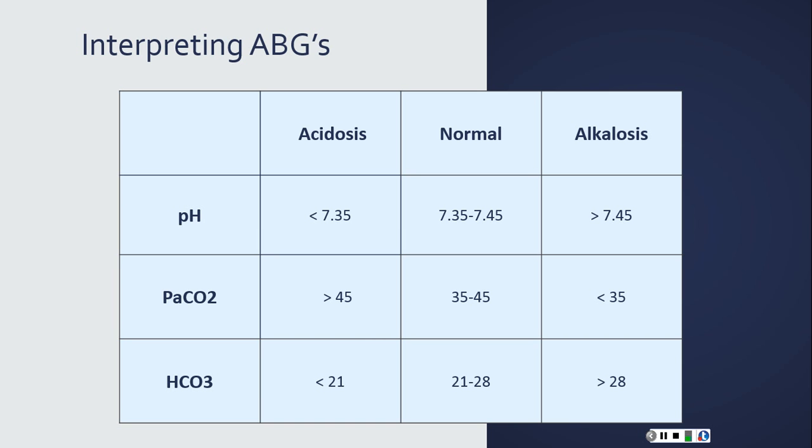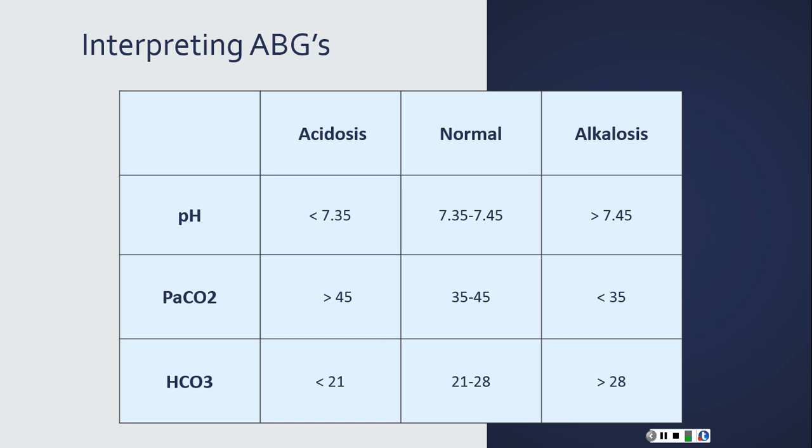Now, okay. So now our next scenario, let's look at our pH is now 7.44. All right, so now we've got a pH of 7.44. Okay. It's not.